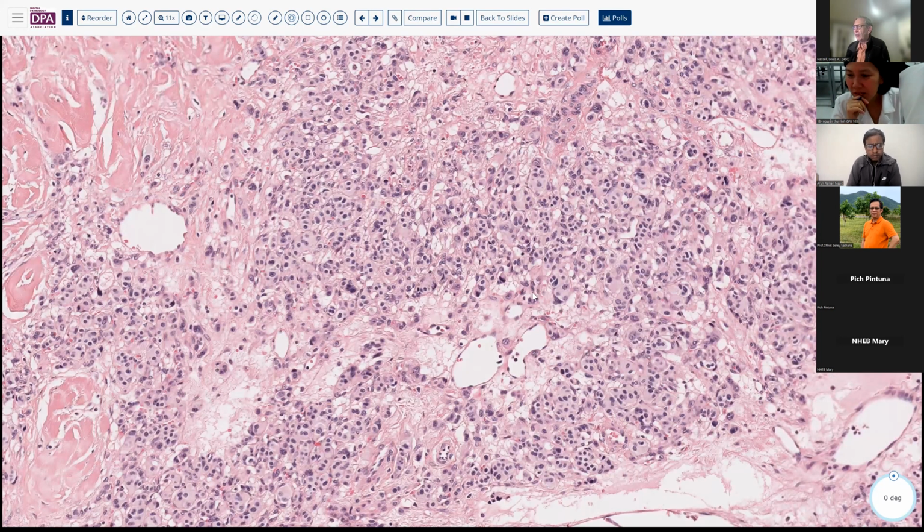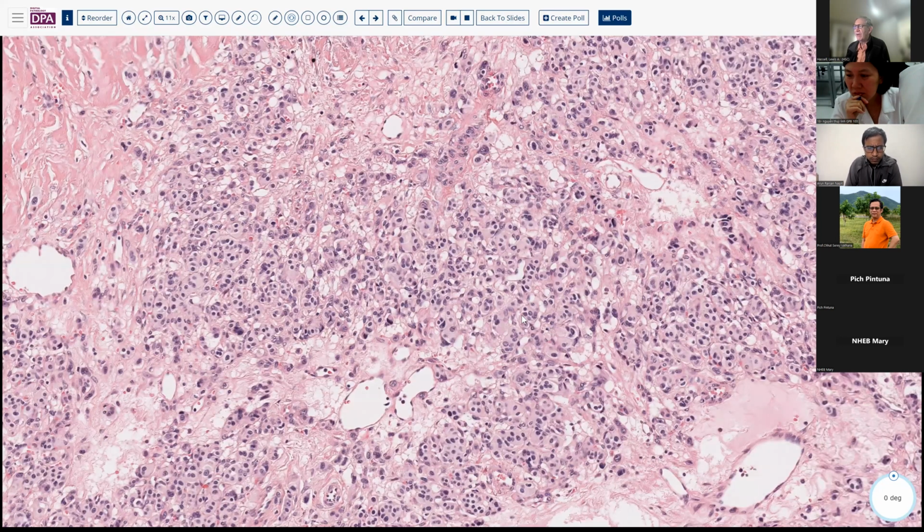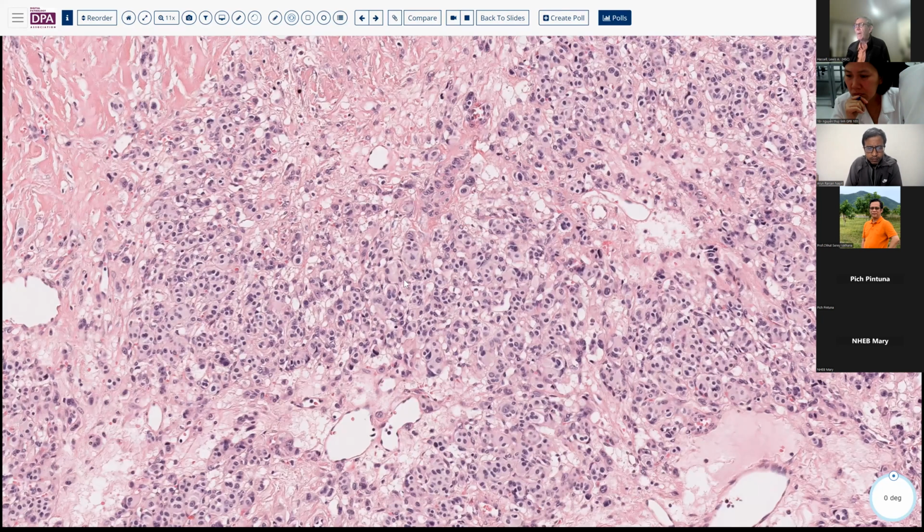Now, the thresholds that we use for Ki67 are less than 5% is a grade 1 tumor, 5% to 20% is a grade 2 tumor, and then anything over 20%, definitely a grade 3 tumor. So those are the thresholds that are in the literature.